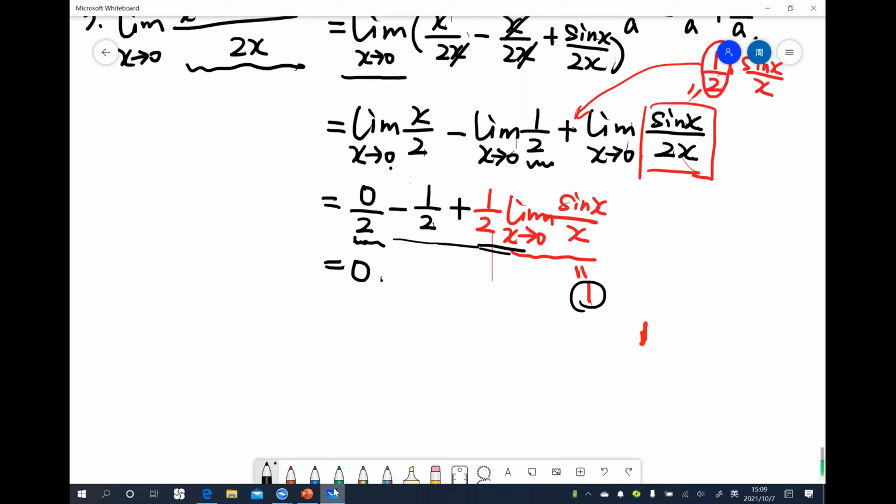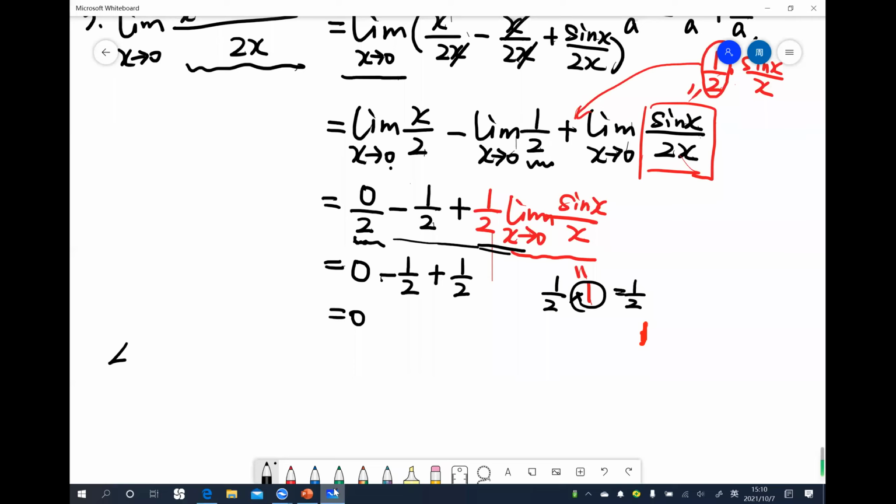So it is 1 by 2 times 1, equals 1 by 2. So here that is 0 minus 1 by 2 plus 1 by 2, so equals 0. Thank you, I have got it. Other questions? No. Okay.